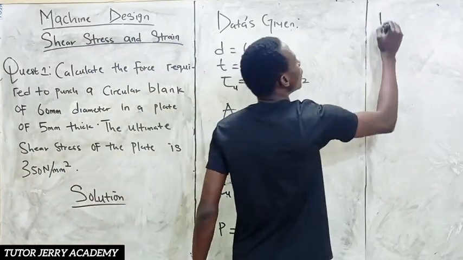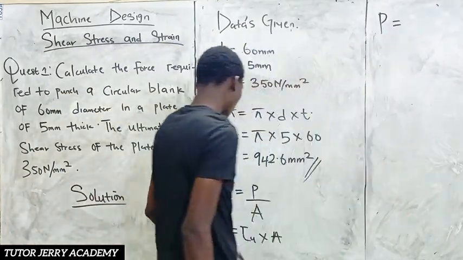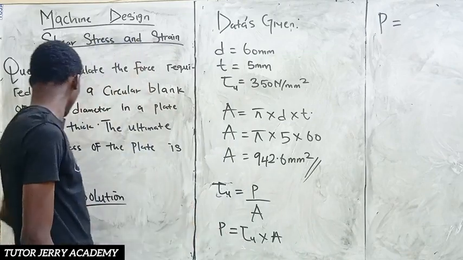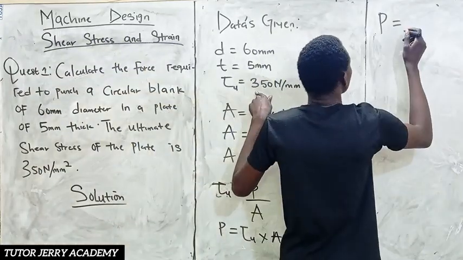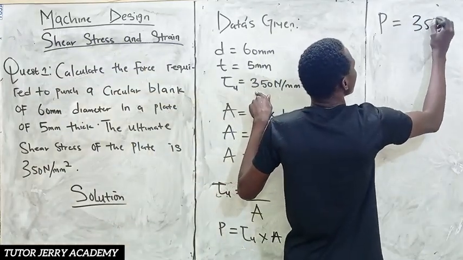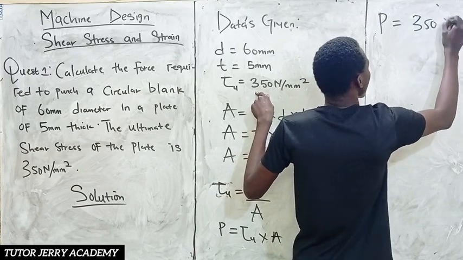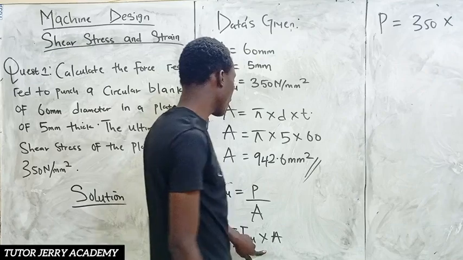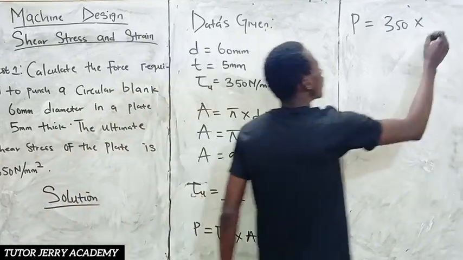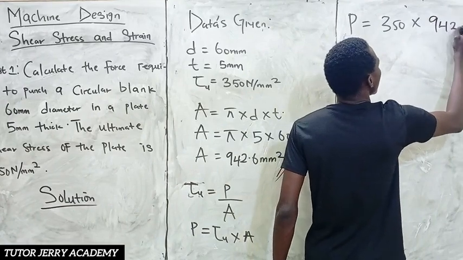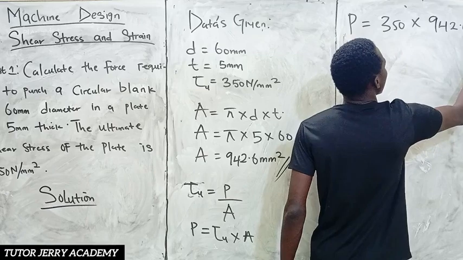So therefore, P is equal to our ultimate shear stress, which is 350 Newton per millimeter square, multiplying our area, which is 942.6 millimeter square.